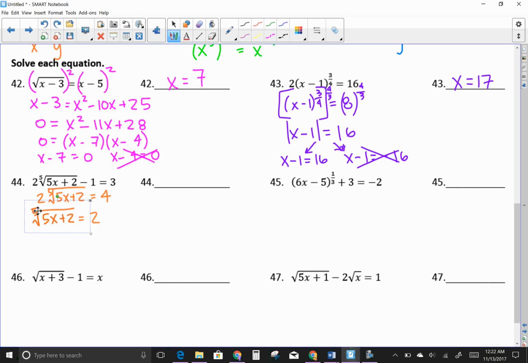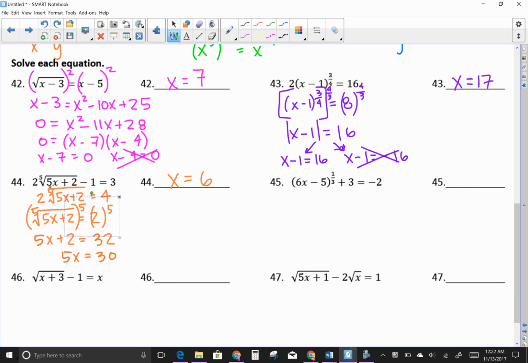Now, to get rid of that 5th root, I'm going to raise both sides to the 5th power. So on the left, I have 5x plus 2. And on the right, I have 2 to the 5th, and 2 to the 5th is 32. Subtract 2, 5x equals 30. Divide by 5, and x equals 6.